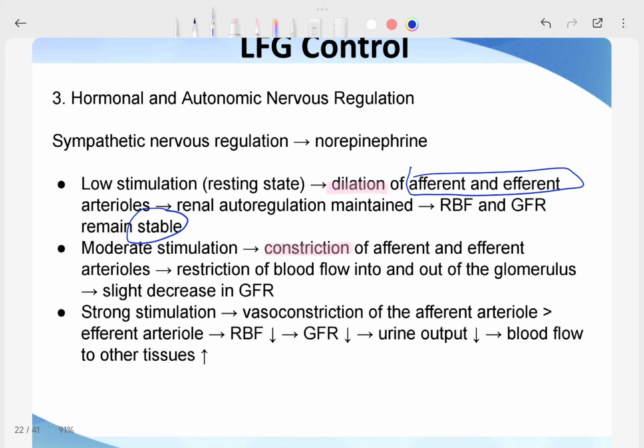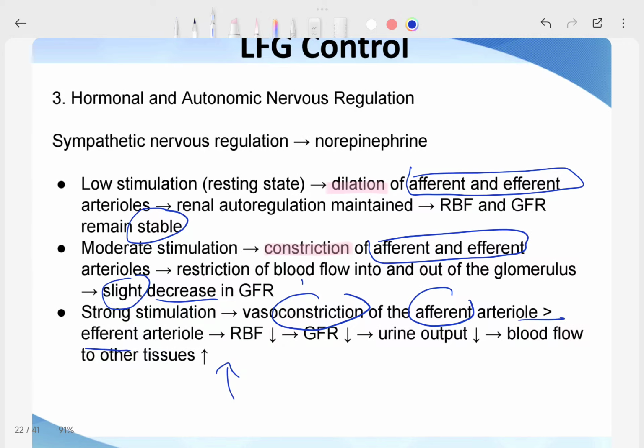For the moderate one, both the afferent and efferent will constrict, and the GFR will slightly decrease. For the strong stimulation, they constrict the afferent more than the efferent, and the GFR change will be large. So this one is stable, this one is slight, and this one is large.